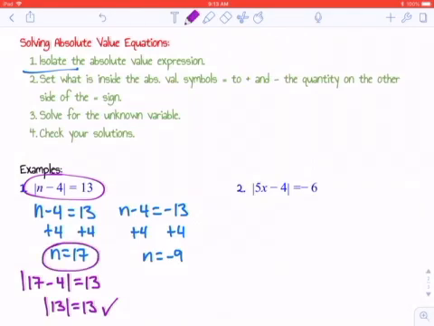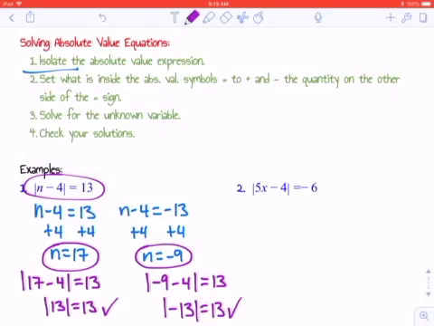Then let's plug negative 9 back into the original equation. So the absolute value of negative 9 minus 4 is equal to 13. So that gives us the absolute value of negative 13 equals 13, which is true.